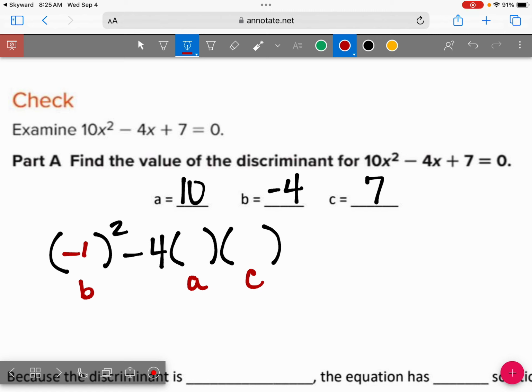So we got our negative 4ac. Pick up your calculator, type that in just like that.